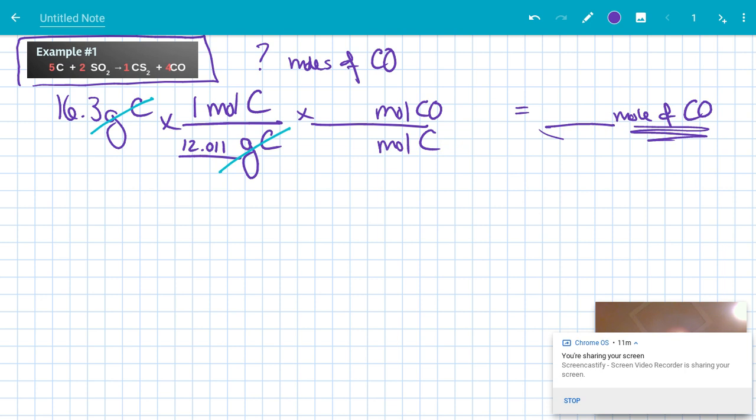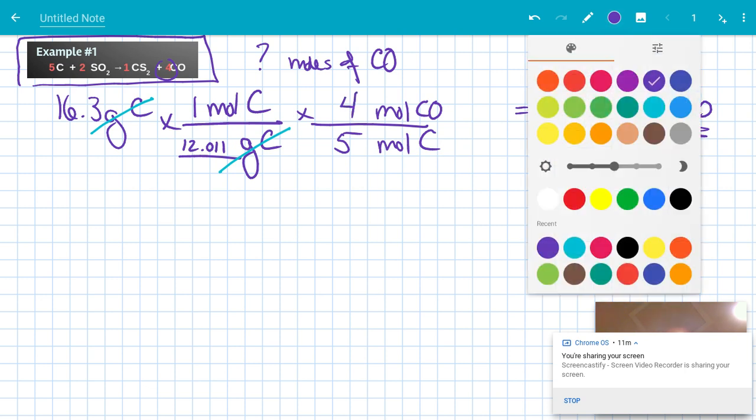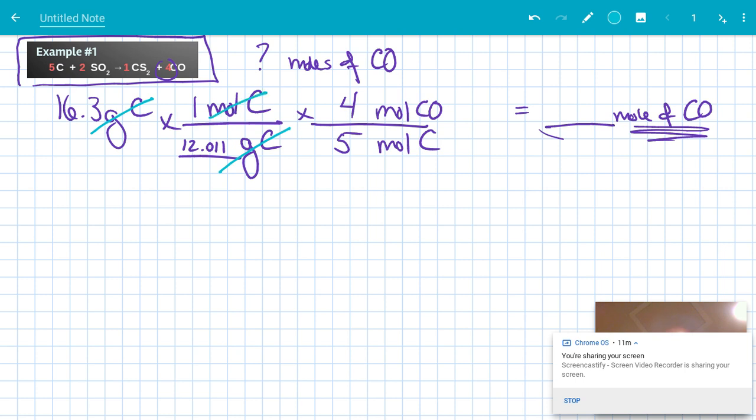For every 5 moles of carbon, there are 4 moles of CO. Now, before I do any math, I see that my units cancel out, and the unit that I'm left with is the unit that I wanted. So I know that I'm done doing my conversion factors, and now I just multiply across.